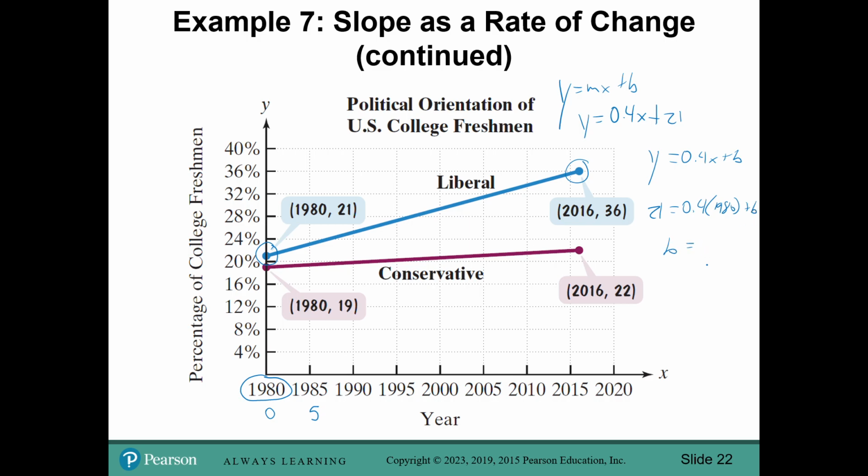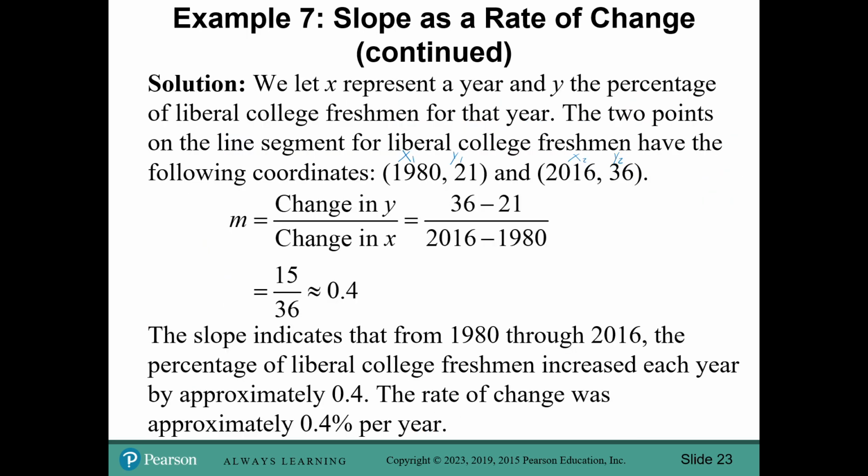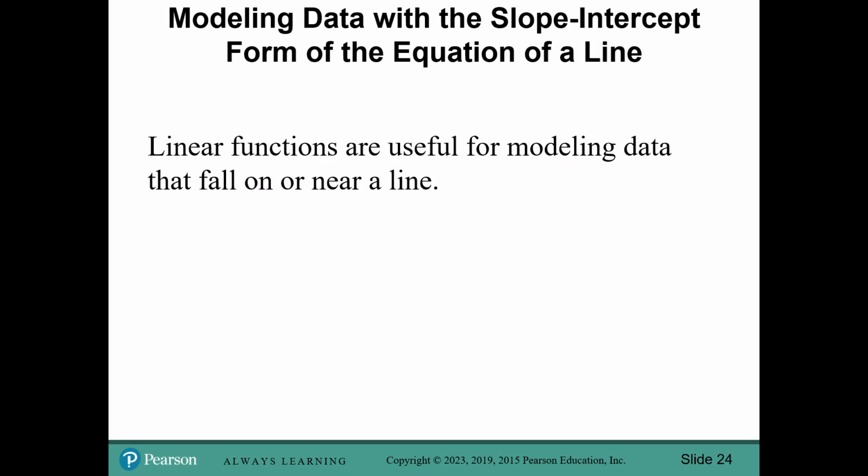Whatever b value we found here, we would plug back into our original equation, and then we would have the equation of our line that modeled the liberal political orientation of U.S. college freshmen. So, linear functions are very useful for modeling data, especially when they are that straight or nearly straight line.